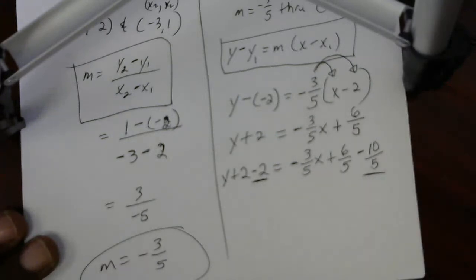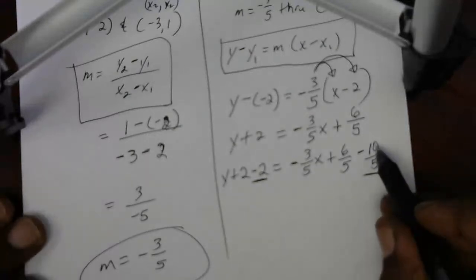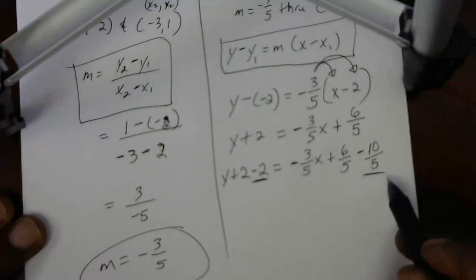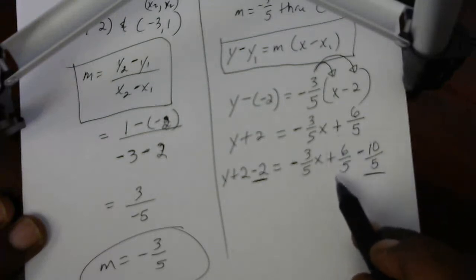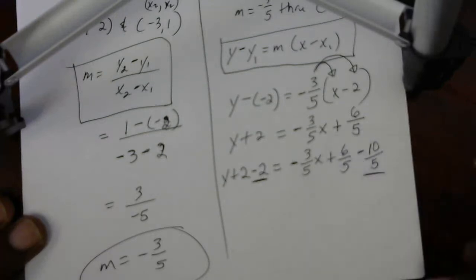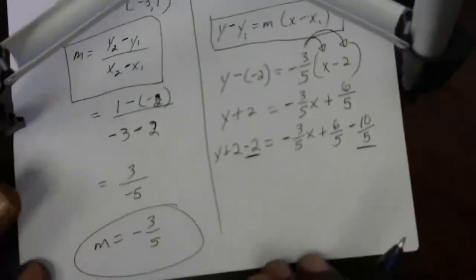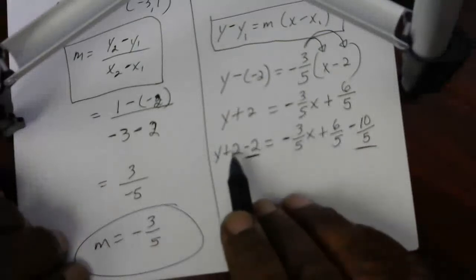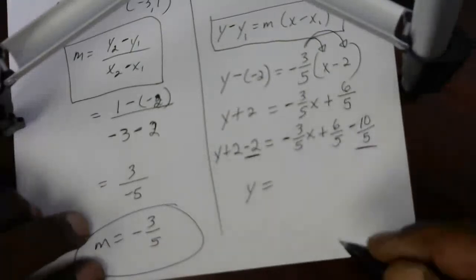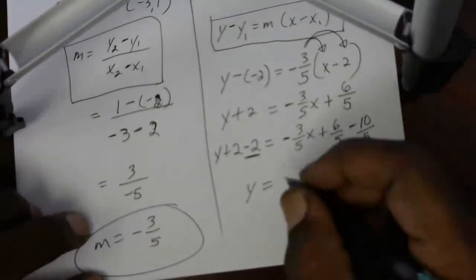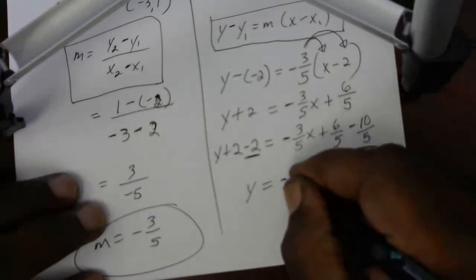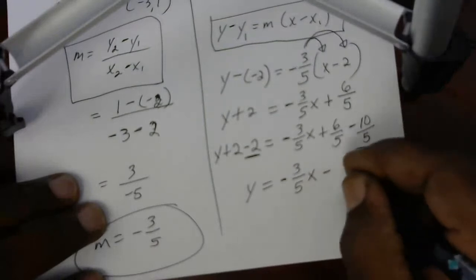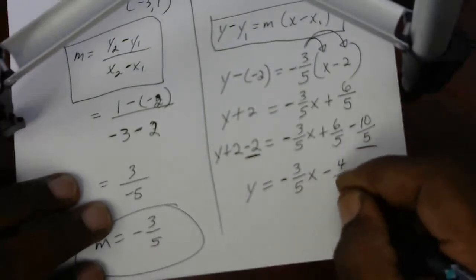This 2 simply has a denominator of 5, that's just going to allow us to combine the fraction. So simplifying on the left-hand side, the 2's cancel, we have y. On the right-hand side, I'm going to bring down negative 3/5 x minus 4/5.